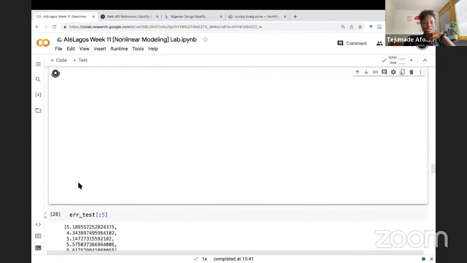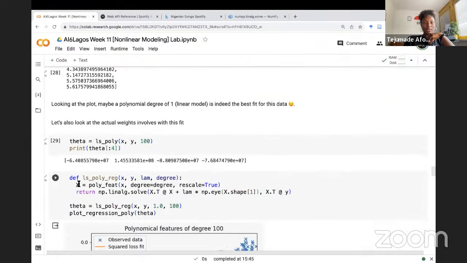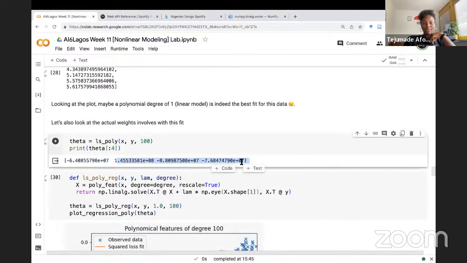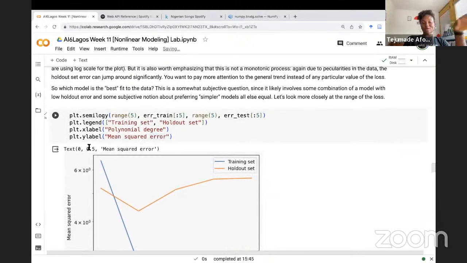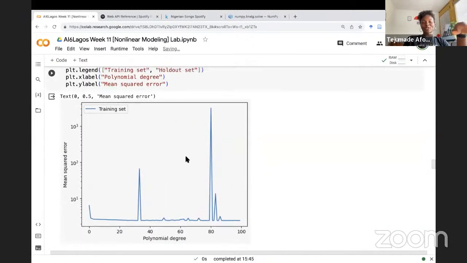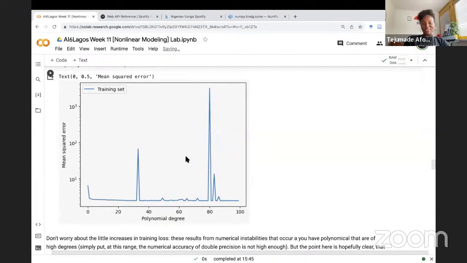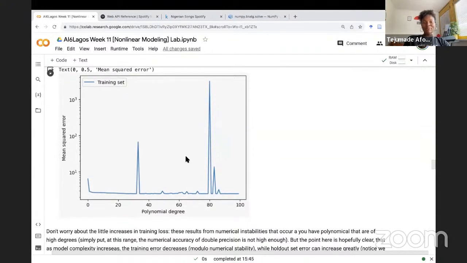So now that we know how to do this, the next thing we talked about, we can look at the theta value we talked about in class. Again, why are there spikes as we increase the polynomial degree? The reason there are spikes right now is just the floating point precision issue based on the implementation that we used.